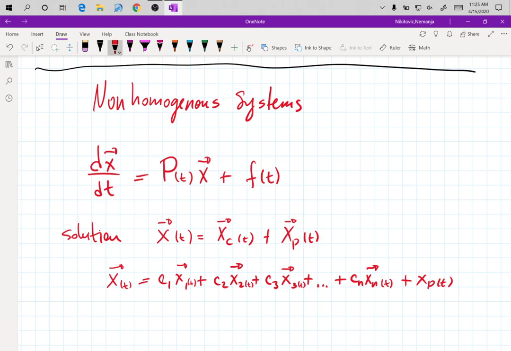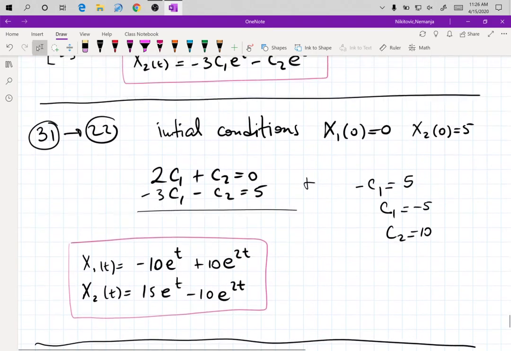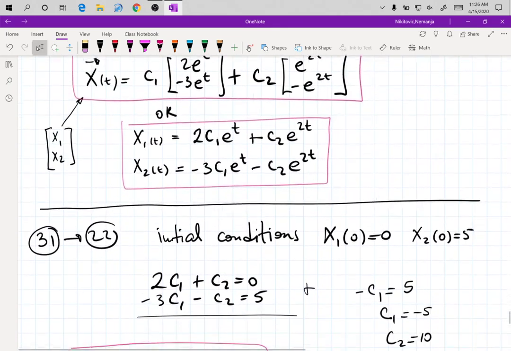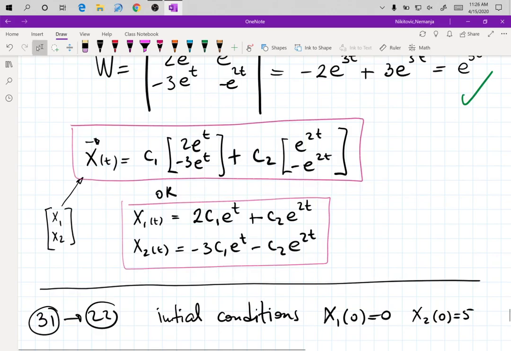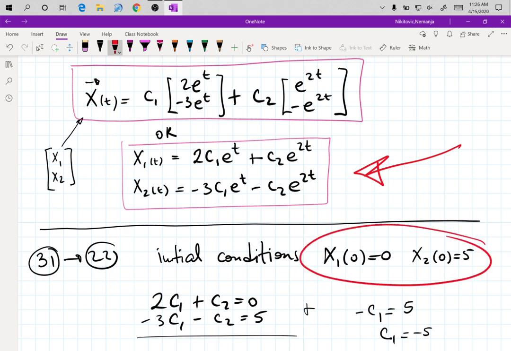I see the question again. There is a lag between me teaching and you guys asking questions and me then seeing the question. The answer is yes. 31 is the same question as 22. It's just a continuation. In the book, they ask you to solve question 22, and then they ask you to use question 22, which is this here, to solve initial conditions to come up with a particular solution that has C1 and C2 calculated.